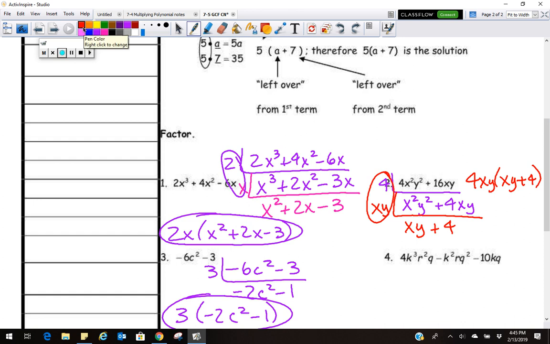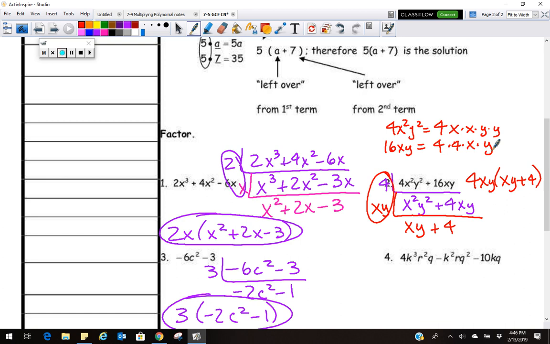So if you think about 4x squared y squared, I'm going to write 4 because you know that 4 goes into 16. So that's 4 times x times x times y times y. And then 16xy, that's 4 times 4 times x times y.